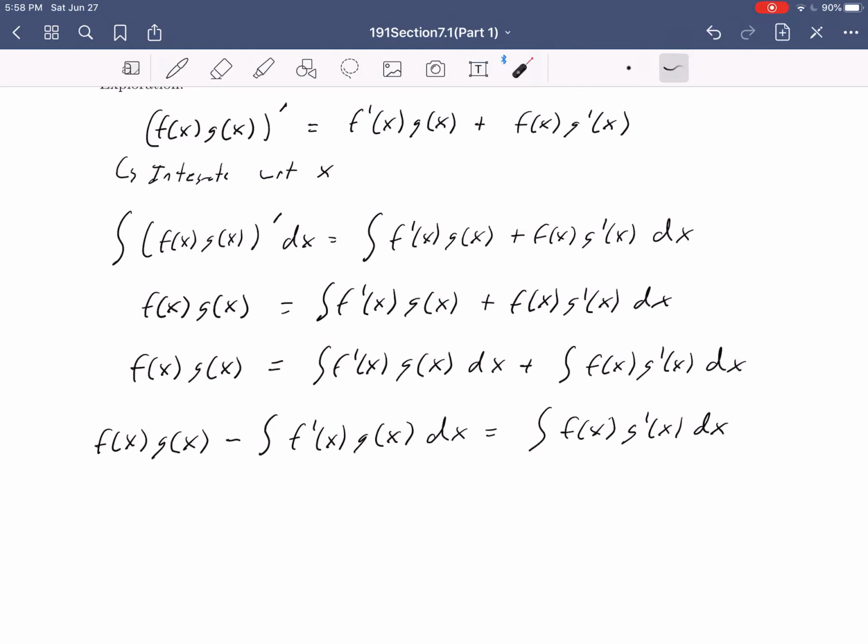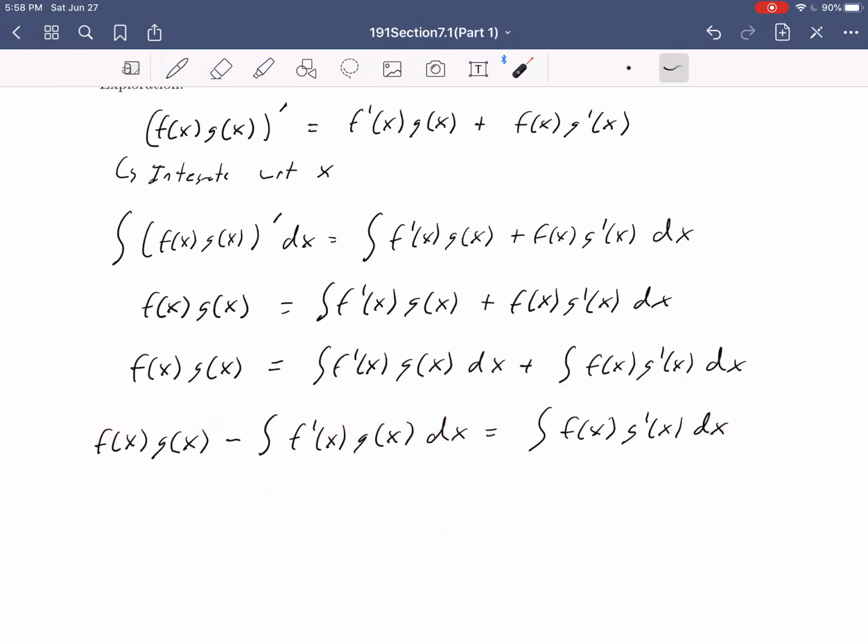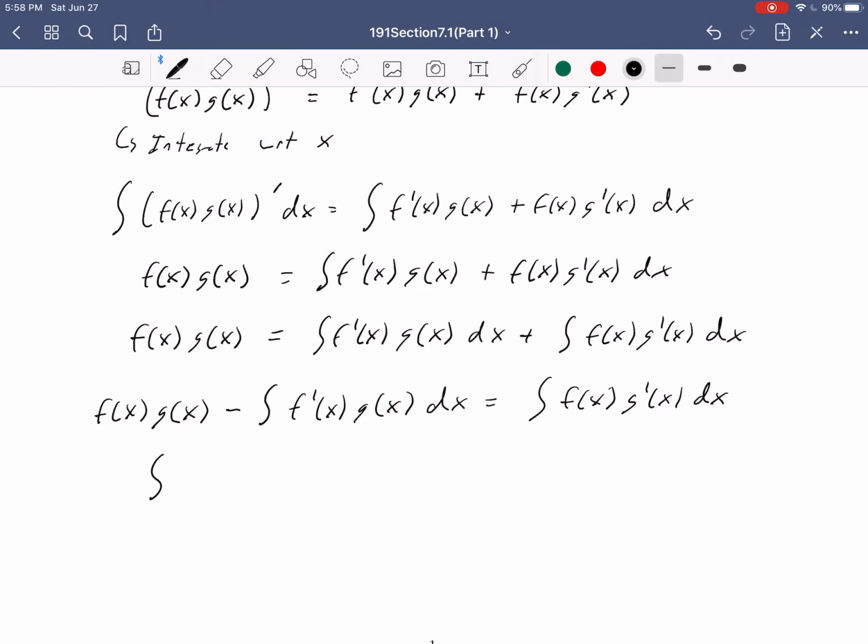And then just for simplicity, I'm going to write this guy onto this side and these guys onto this side, just reverse it so that the single integral is on our left-hand side, because we usually like to read left to right. So this is telling us that the integral of f of x g prime dx is equal to f of x g of x minus the integral of f prime g of x dx.